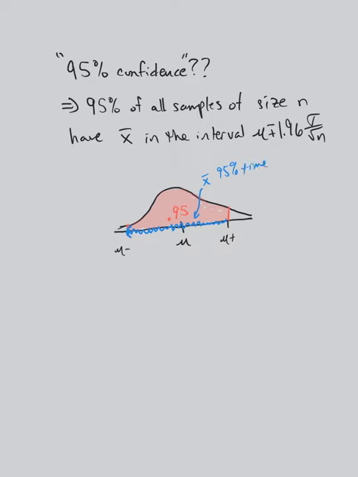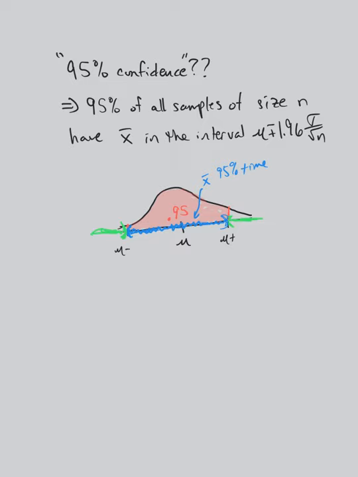Okay, but what's the deal? What could go wrong is I could just have a weird sample that falls in this 5% range out here. Okay, 0.025 on each side. So that's the thing about randomness and taking samples, is that sometimes you just get a sample that's a little bit strange. And so that's what that 95% confidence refers to, is the fact that we're hoping that we got an x bar that was in this range, and in those cases it does capture the mean.